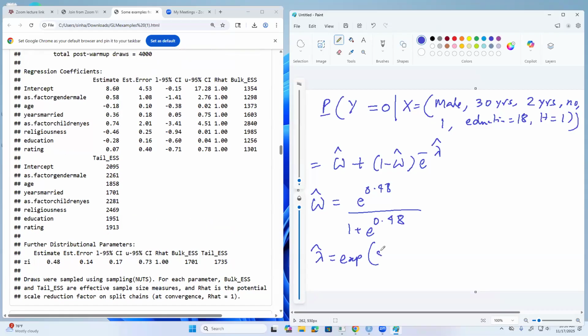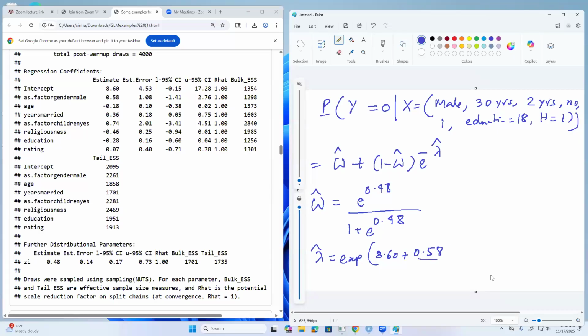which is 8.60 plus male, okay, male means it will be 0.58, right? Because male appears as the dummy variable. If it is female, then it will be 0 here, okay?